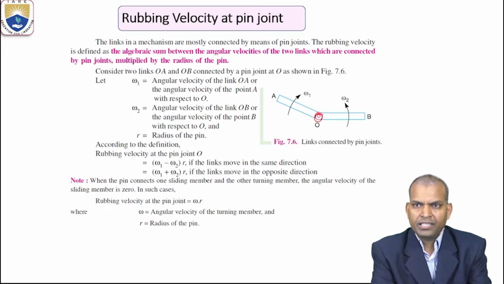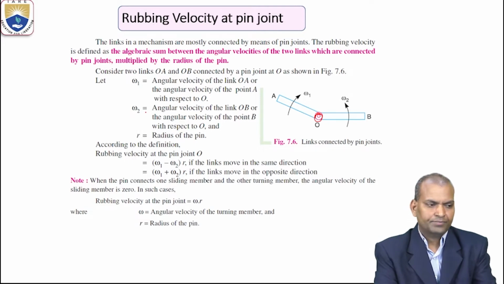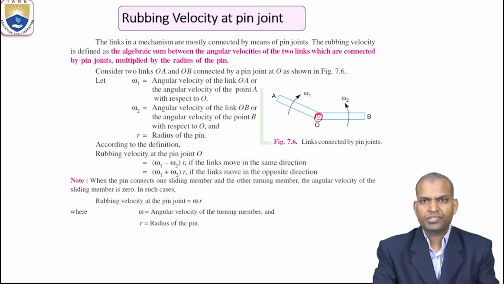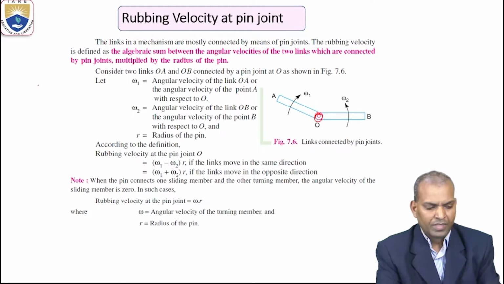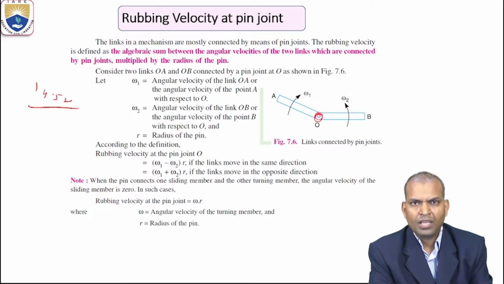Now, we are considering two links, OA and OB, connected by a pin joint O as shown in this figure.